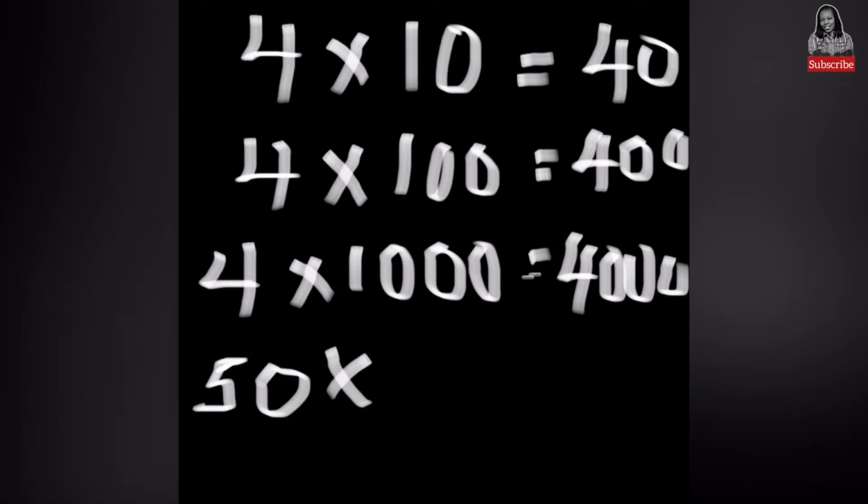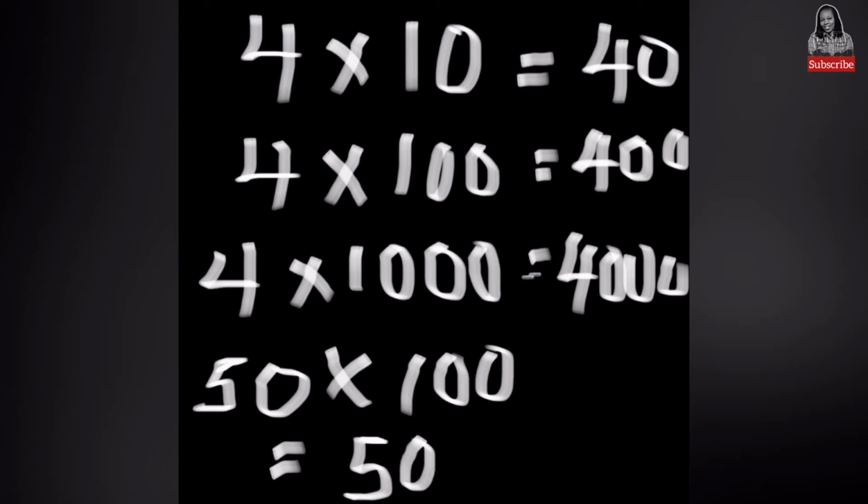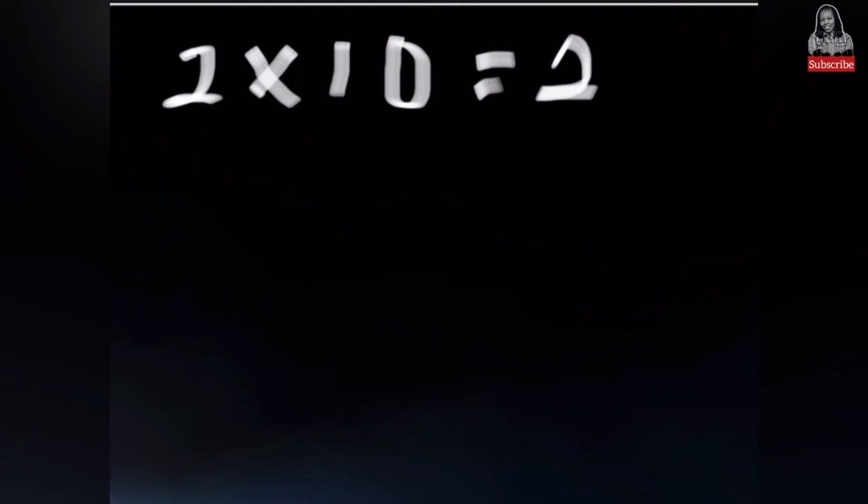50 times 100, you write your 50 and put the 2 zeros by 100, which gives you 5000. Another example is 2 times 10. Of course, we know it is equal to 20.